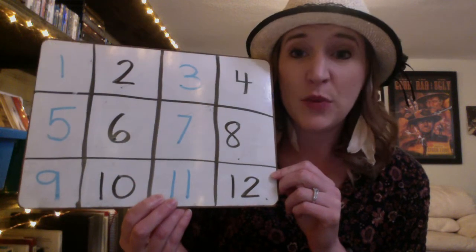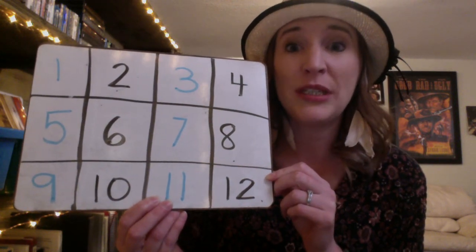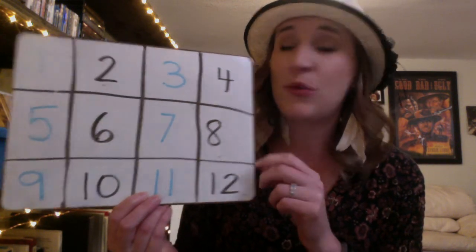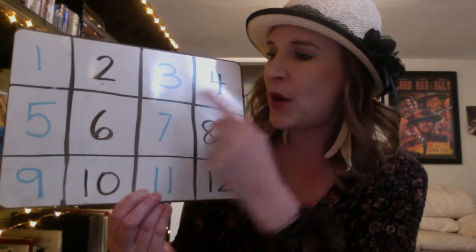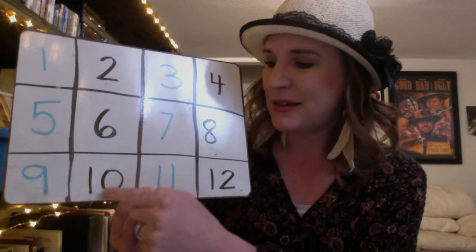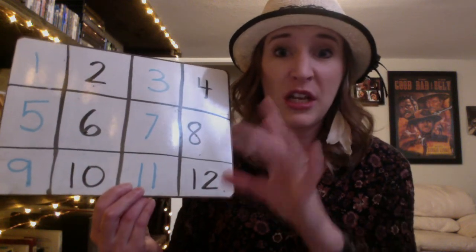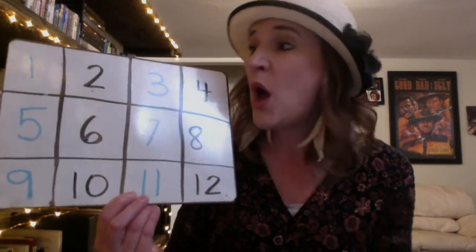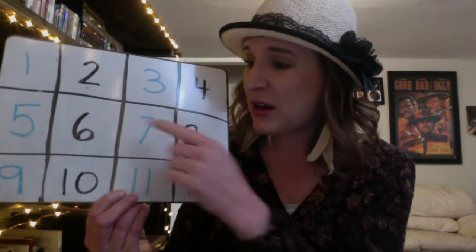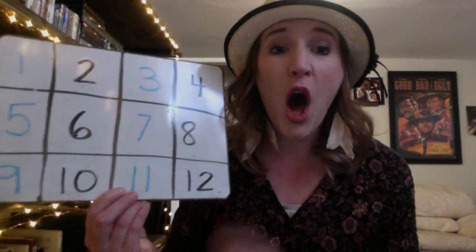So let's go ahead and look at our numbers one more time here. All of the black numbers we said are counting by twos numbers. So all of these numbers would be even. 2, 4, 6, 8, 10, 12, because they all have a partner if you were to lay things out and count them.